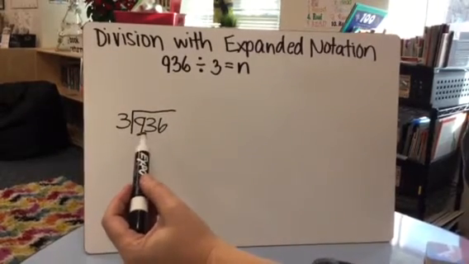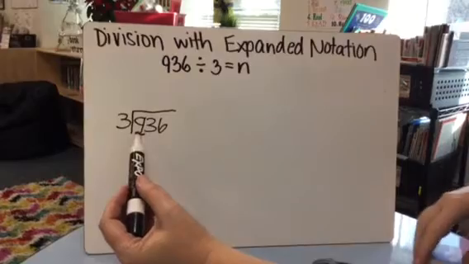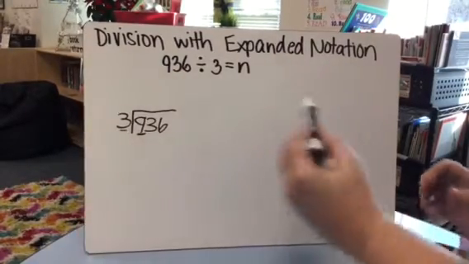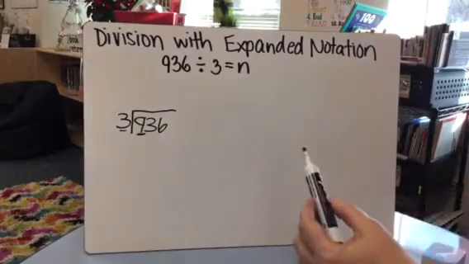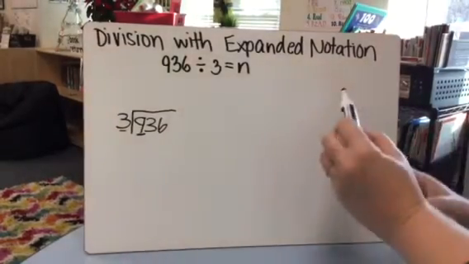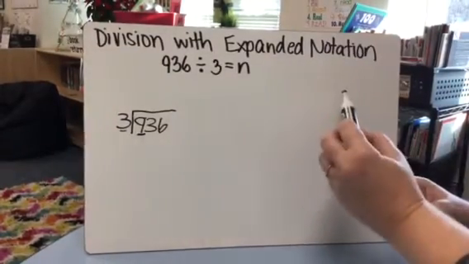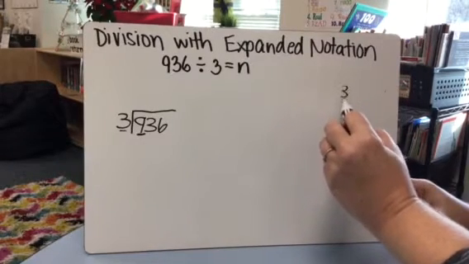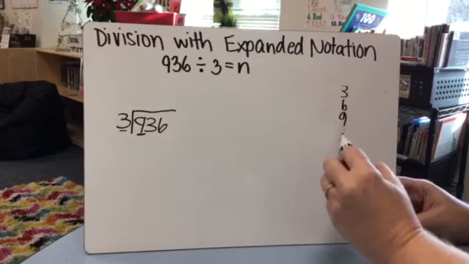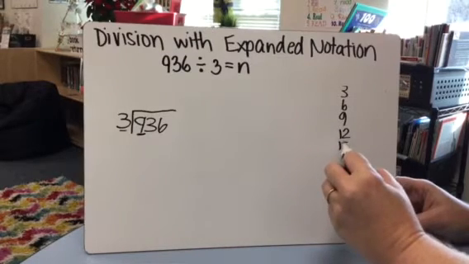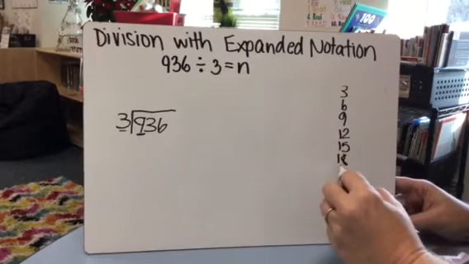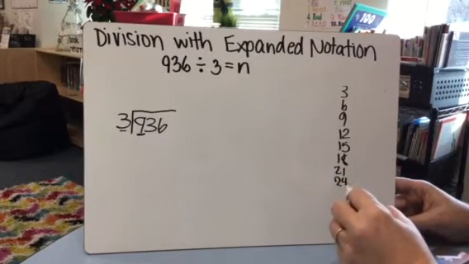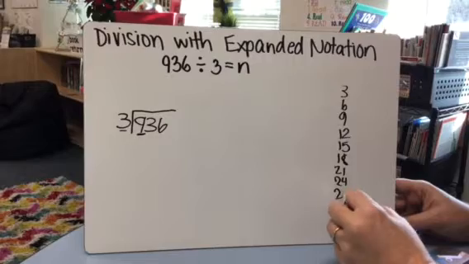So if I know that I need to pass out in groups of 100, I'm going to think over here to my divisor, 3. Multiples of 3 are really going to help me solve this problem, finding out how many 3s are in 936. So I encourage kids to go ahead and write their multiples of 3 going down the side, just skip counting up until the 10th multiple, which would be 30.